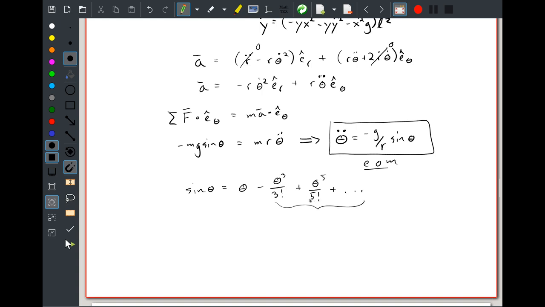In grad school, we used to call these the higher order terms, or the HOTs. Because we're all engineers, we don't end up with the HOTs, we just deal with the linear terms. And we just put an approximate sign, that sine theta is approximately equal to theta.